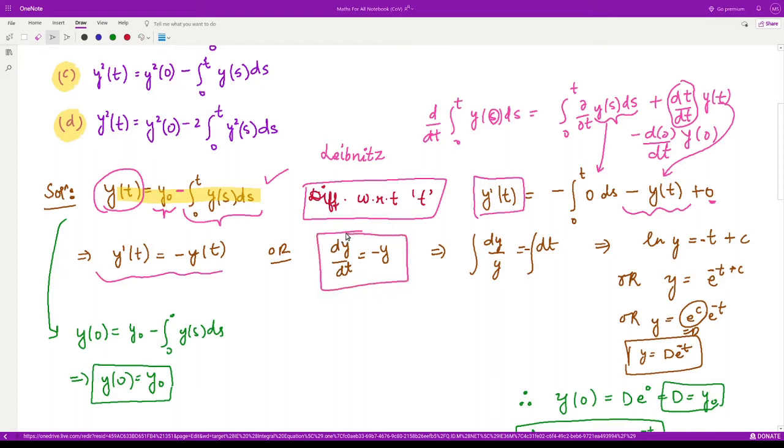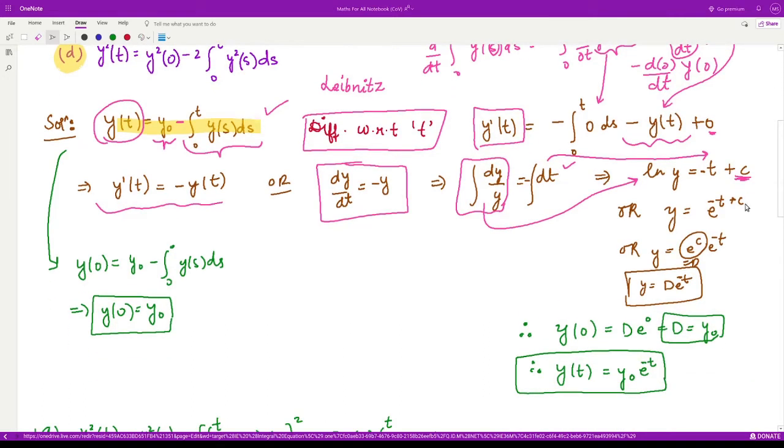So this is a first order differential equation. We can simply solve it by the simplest method, the variable separable method. You can move all the terms corresponding to y to the left hand side and those of t to the right hand side, and then integrate. While integrating you get log y = −t + c, where c is the constant of integration.